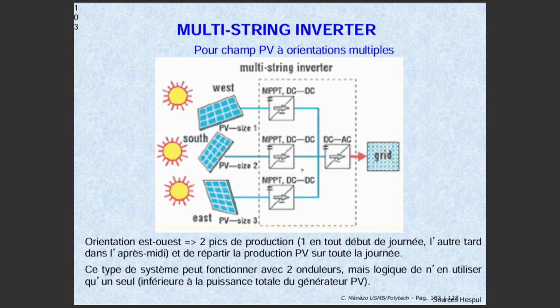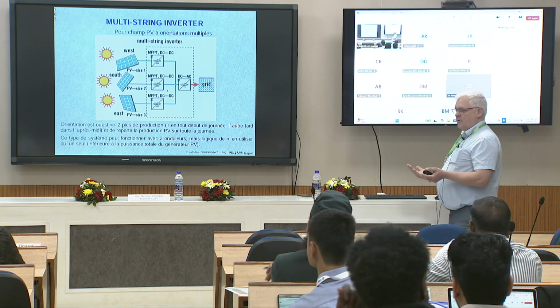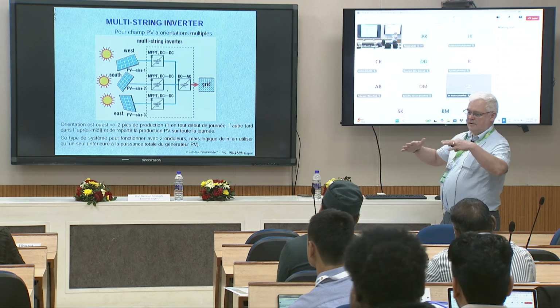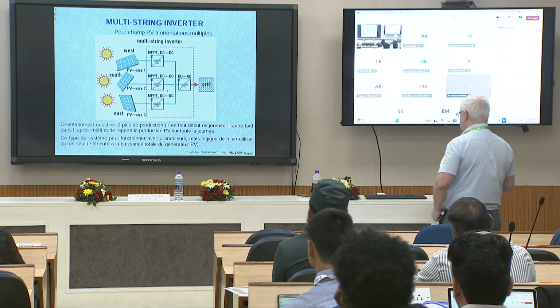Here, interesting solution is if you have multi-string, so you can have several inverters because you want to optimize the production all along the day. So, for example, you have a house with a roof with 4 different orientations.